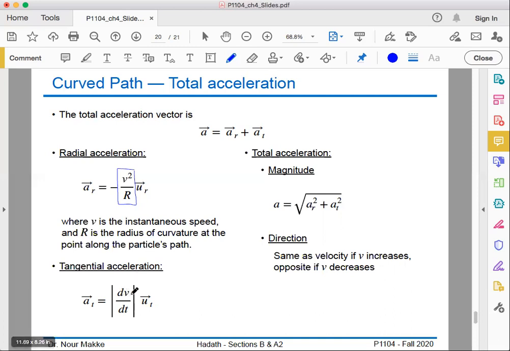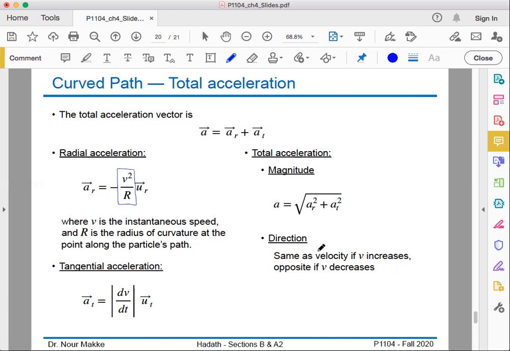So if the velocity is increasing, that means that dV/dt is positive, and so AT is in the same direction as the tangential direction, and the opposite in the other case. Now, the total acceleration can be defined as A equals AR plus AT as a vector, and the magnitude of it is nothing else than the square root of AR squared plus AT squared.